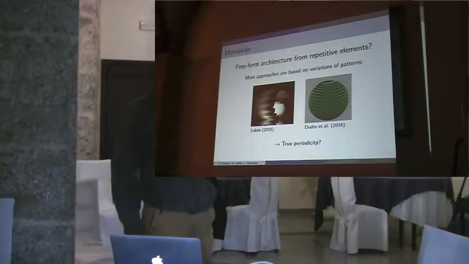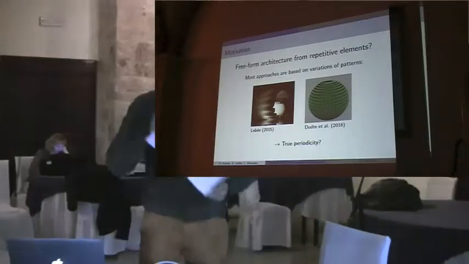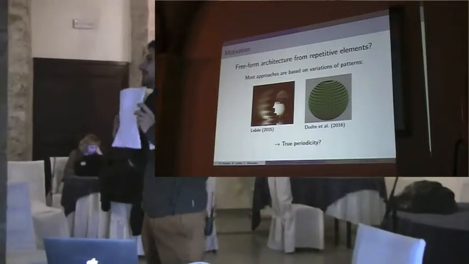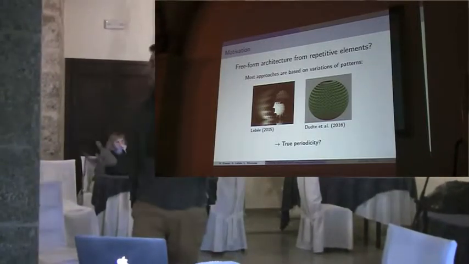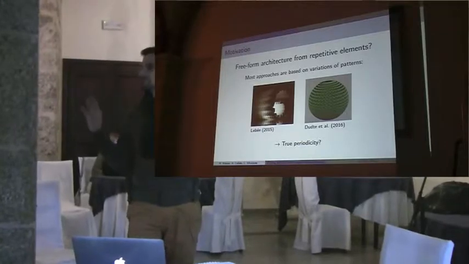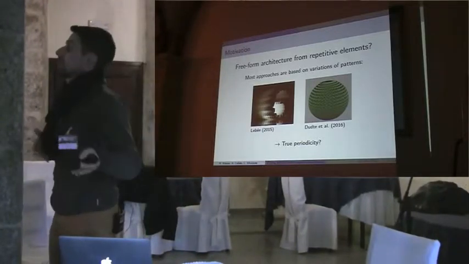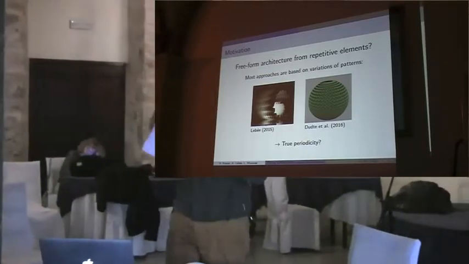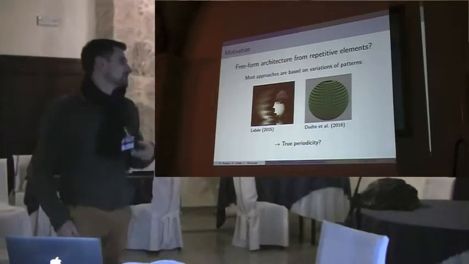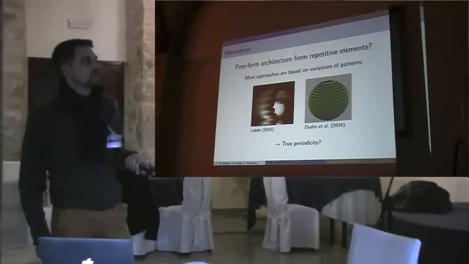So the idea here is that since you have a regular pattern behind, you might expect to spare some money because you have a repetitive element, but you can achieve some kind of free form, but it is not free. Okay? Or less regular than purely developable shapes. So this is the first motivation, which is freeform architecture.